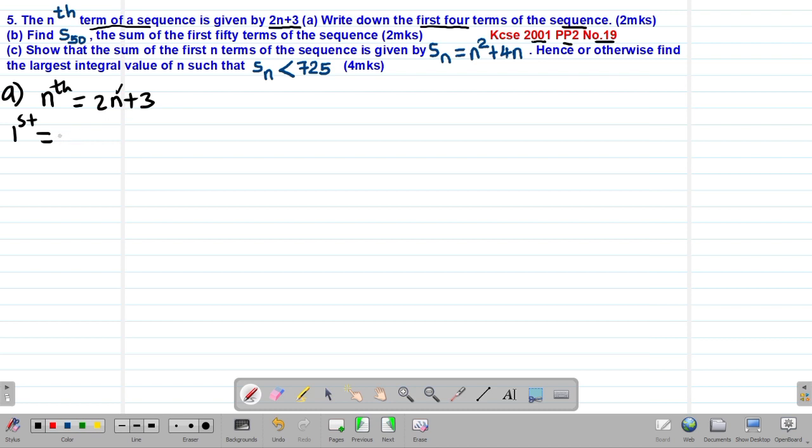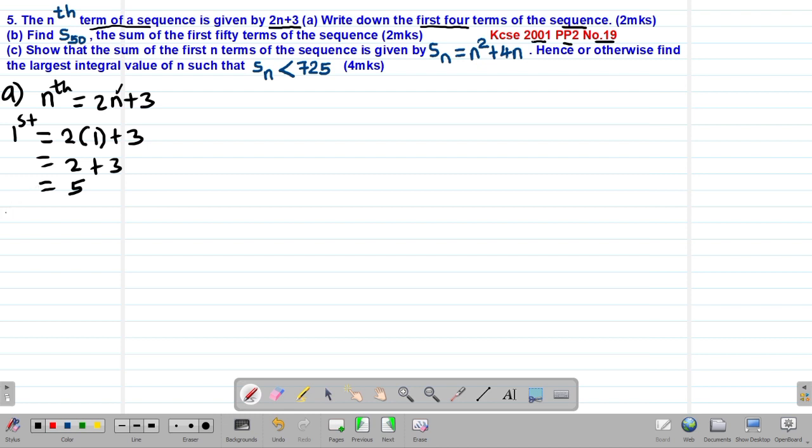Therefore, our first term will be 2 into 1, so n will be 1, then plus 3. So this will be 2 plus 3, which of course is going to give us a positive 5. Therefore, this is the first term of this particular sequence.